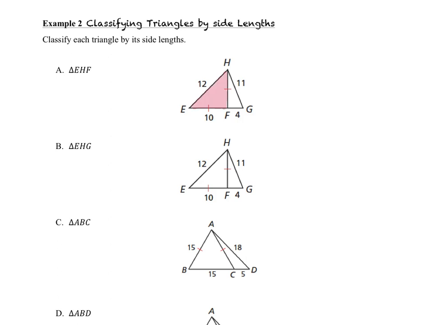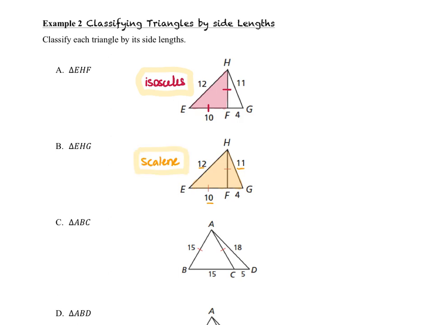We can see that this one has two congruent sides, making this an isosceles triangle. Question B refers to triangle EHG, which is marked here in orange. We can see that we have three different side lengths, 10, 11, and 12. So since all three side lengths of this triangle are different, that makes this a scalene triangle.